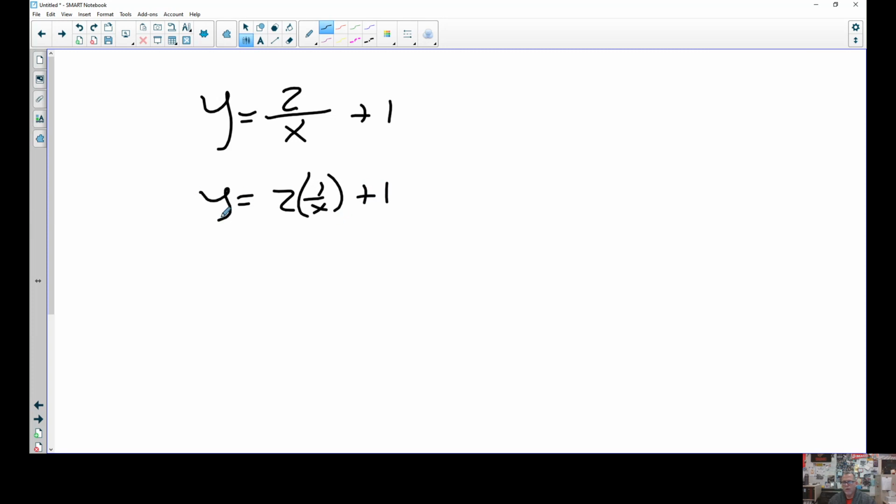That's the way I want you to think of this so we can get the right words. So what's happening? 2 is outside. That's our a value. 2 is outside, so automatically it's vertical, right? And it's a number greater than 1, so that's a vertical expansion by a factor of whatever a value is, in this case 2. Plus 1 tells us up 1.